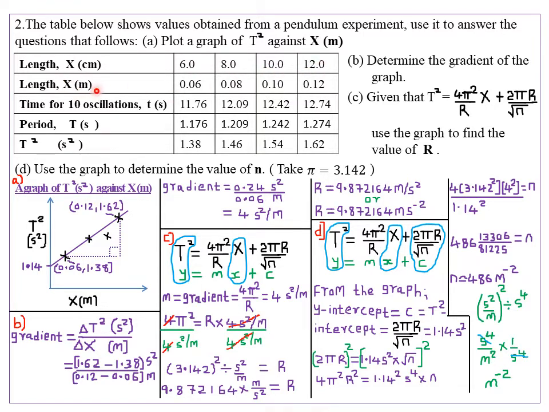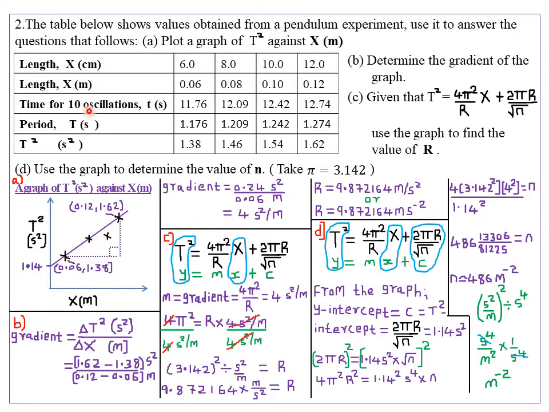Here, that is length in meters, I'm choosing to use 2 decimal points. Then you have to be very careful to ensure that all the values within this particular row are to the nearest 2 decimal points, so that I have 0.06, 0.08, 0.10, 0.12. Sometimes you can be tempted to write this one as 0.1. Remember, if you write 0.1, that will be correct to 1 decimal point, and that will not be uniform for the values of length in meters. So you have to add a 0 to ensure that the decimal points are rhyming.